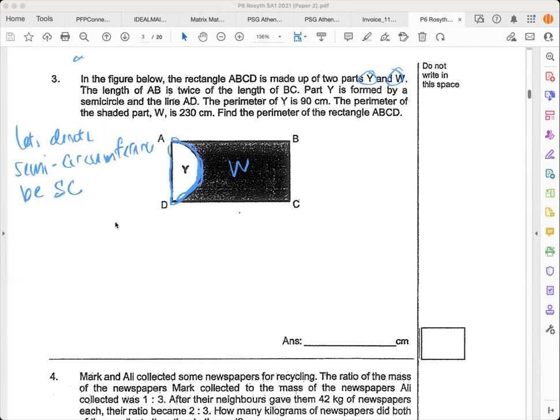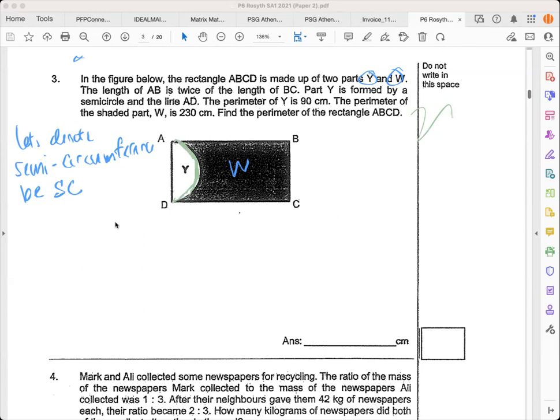We call this SC. Okay. Let me clear this. So this is SC. Okay, it doesn't include the straight line AD. So SC is just the curved side of the semicircle circumference.